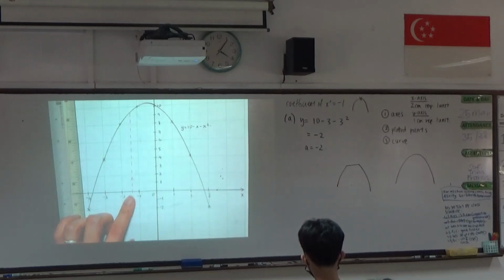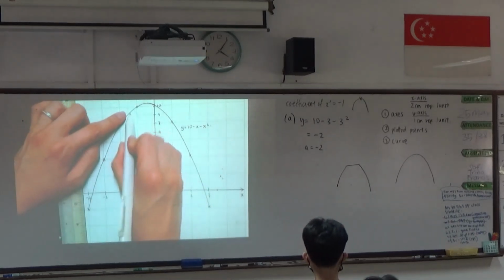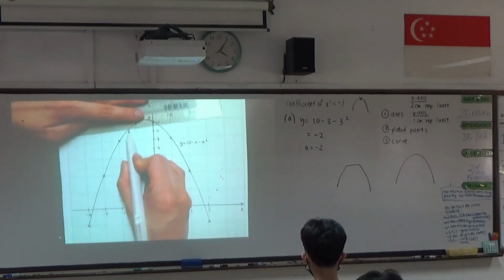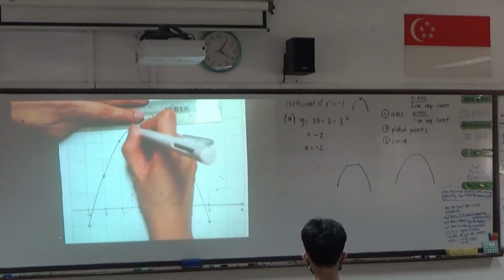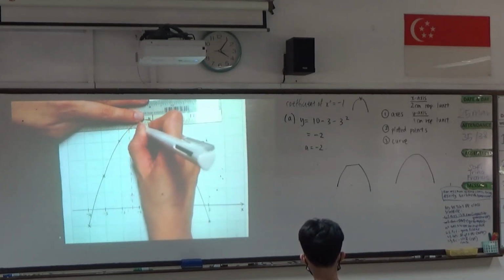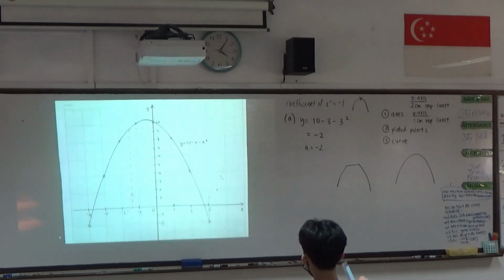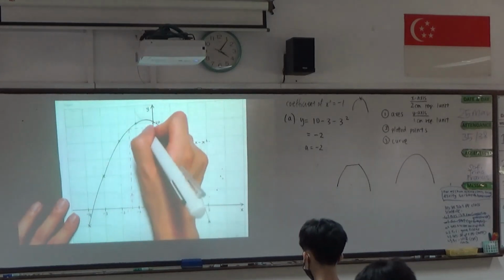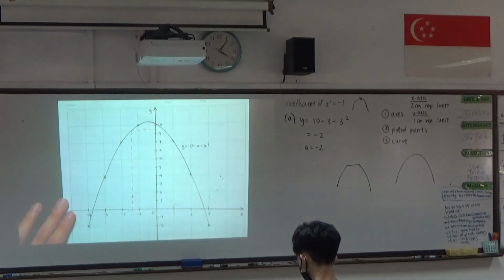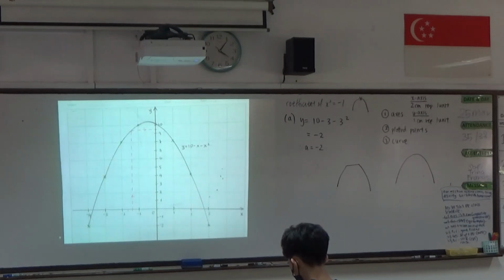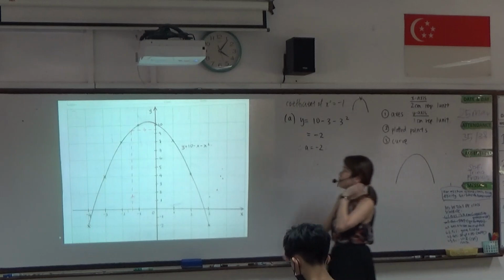Read upwards. Look at this point here. Go to the right for the axis, and tell me what it is that you read over here. So at the back of your graph paper, indicate your value of y.